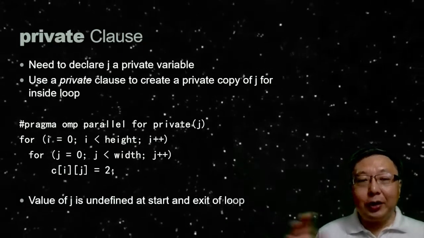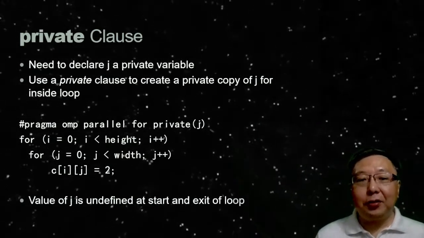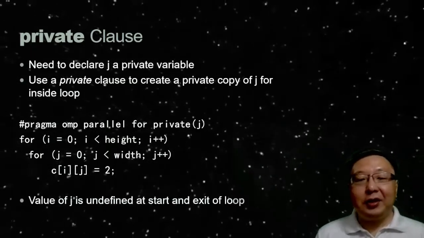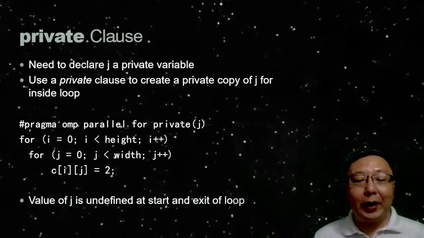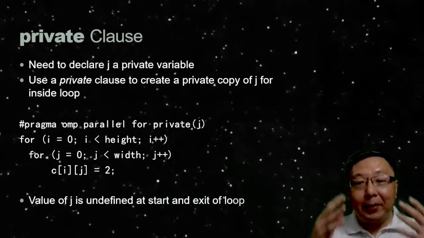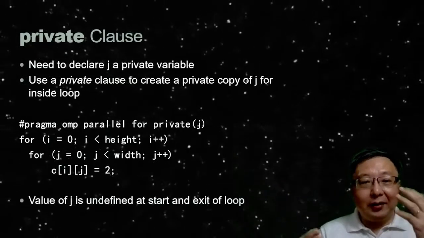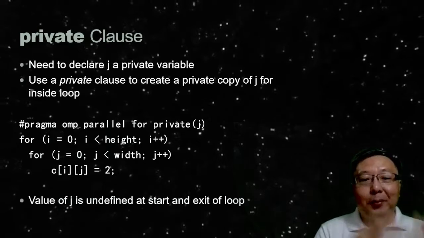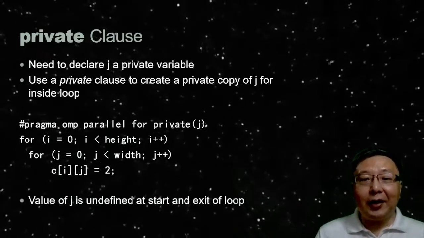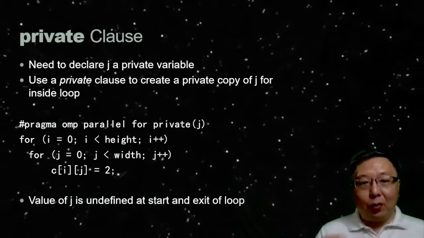Make sure that when I have a for j equals 0 to width, for i equals 0, it will be a different j from when i equals 1. Because i equals 0 and i equals 1 may be running in parallel, you cannot have the j from i equals 0 clobbering the j from i equals 1. You'll mess it up. So that's why you're telling it, I need a private j for each one of these i's.